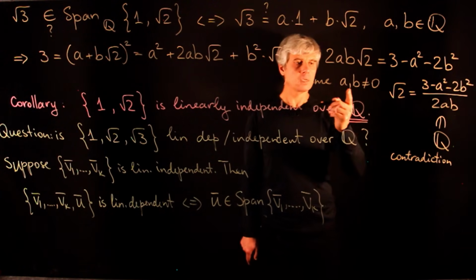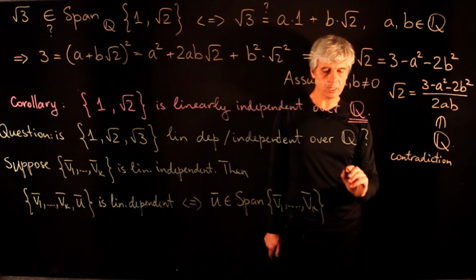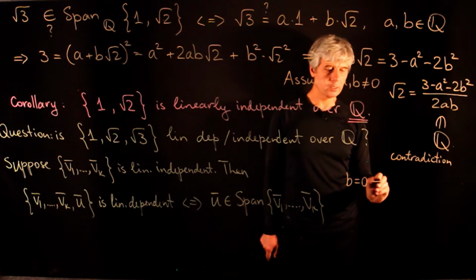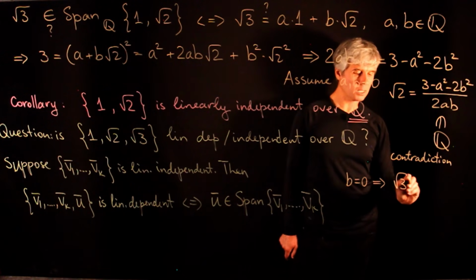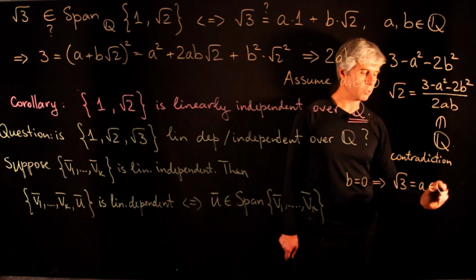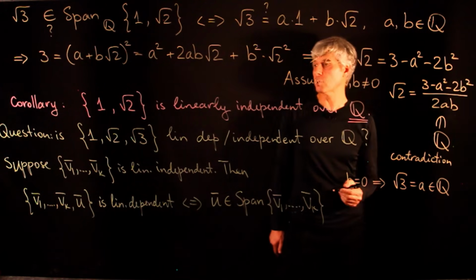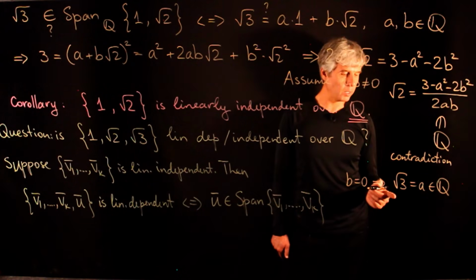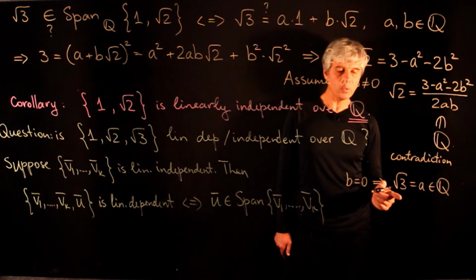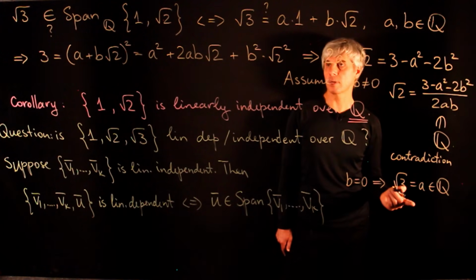If one of these is equal to 0, so if b is equal to 0, then this would tell us that square root of 3 is equal to a, which is a rational number, right? But this is not true. Like we proved the lemma that square root of 2 is not a rational number. In the same way, we can prove that square root of 3 is not a rational number, right?